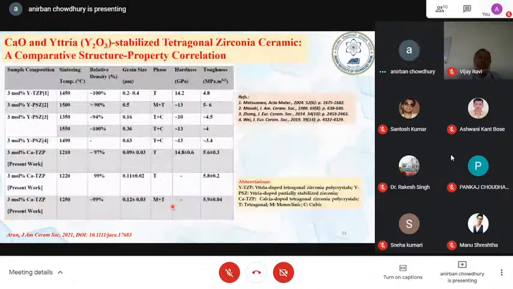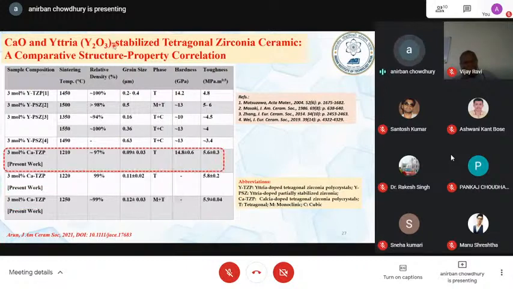Okay, then in terms of other properties, how does our system, CaO-stabilized zirconia, compare with the popular grade made in the world today, yttria-stabilized zirconia? So here is our work. What you can notice is our hardness data is comparable.